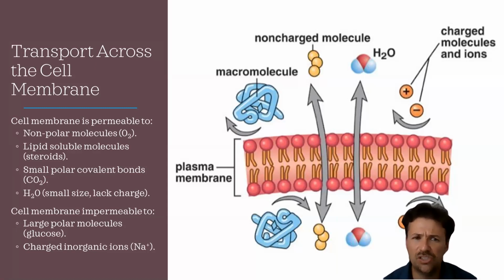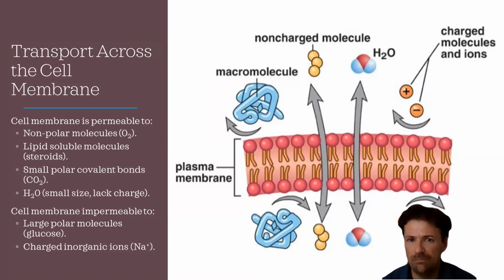It's permeable to small polar molecules like carbon dioxide and to some extent water a little bit. And it's also permeable to lipid-soluble molecules like steroids. However, large molecules that are polar or charged like glucose and highly charged inorganic ions like sodium and potassium, the membrane is not permeable to these substances.